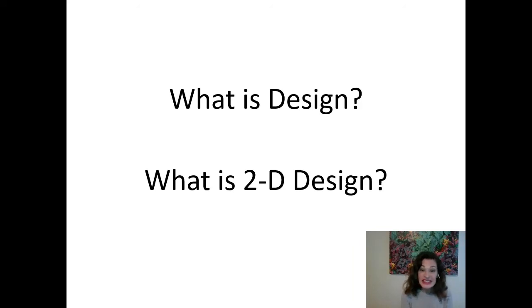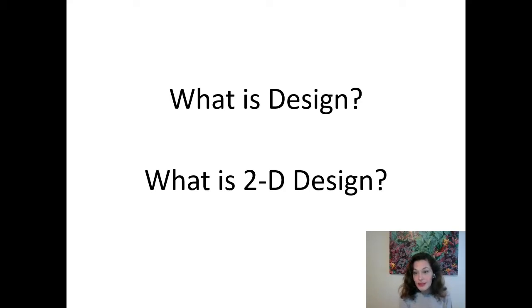So what is design anyway? Design is anything that we create in order to look a certain way and portray a certain thing to the world. Okay, so if you think about logos, obviously that is design. If you think about a fine artwork of painting or something, obviously that is design. But think about things that are more ephemeral.